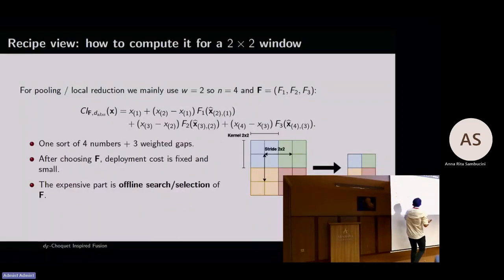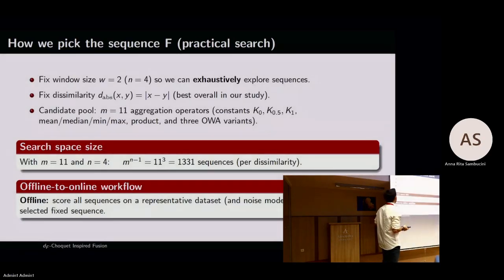Well, that's an example. And the key of this function is that the online computation is very cheap. But if you want to find the best sequence of these functions, it could be very expensive. For example, for a window size of 2, we have 4 values.